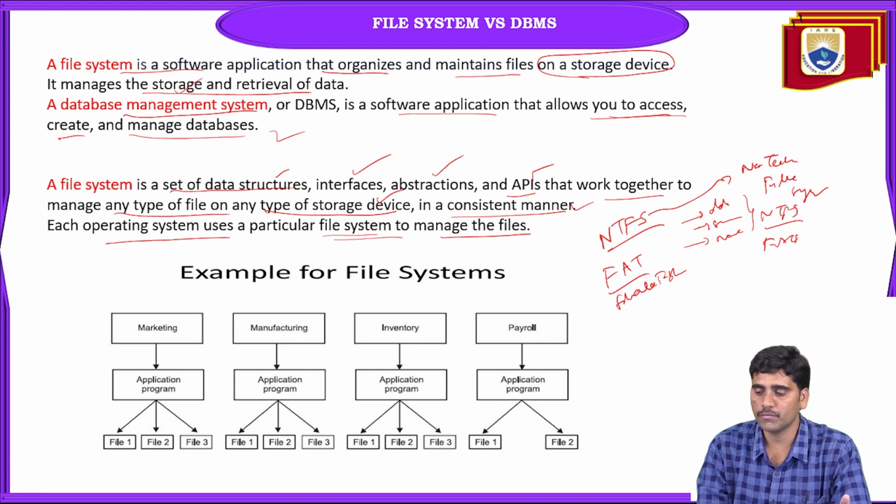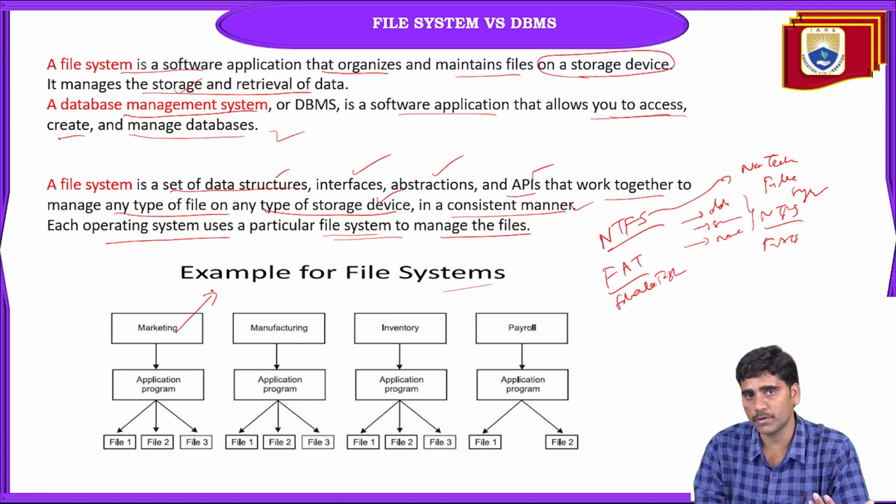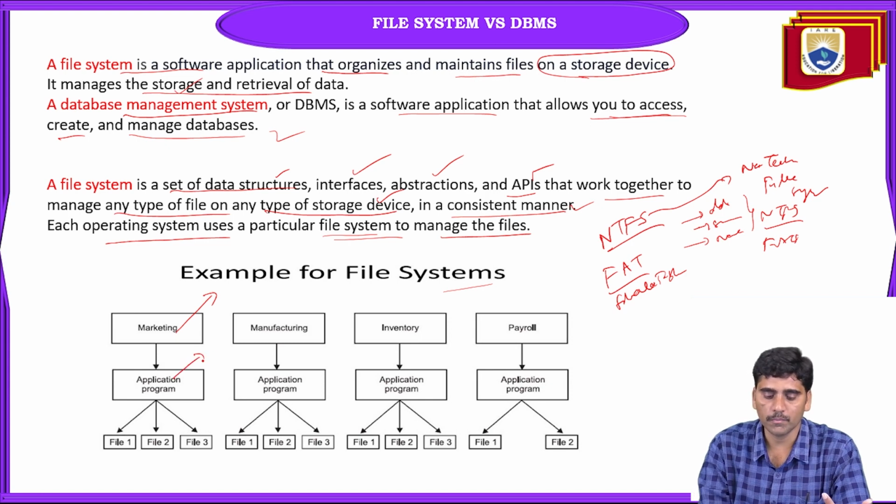For example, in file systems, you can create marketing as one separate folder. In that you can create application program as one folder. In that you can create files like file 1, file 2, file 3. So you can organize the folders and files in different ways. Manufacturing is also one folder.